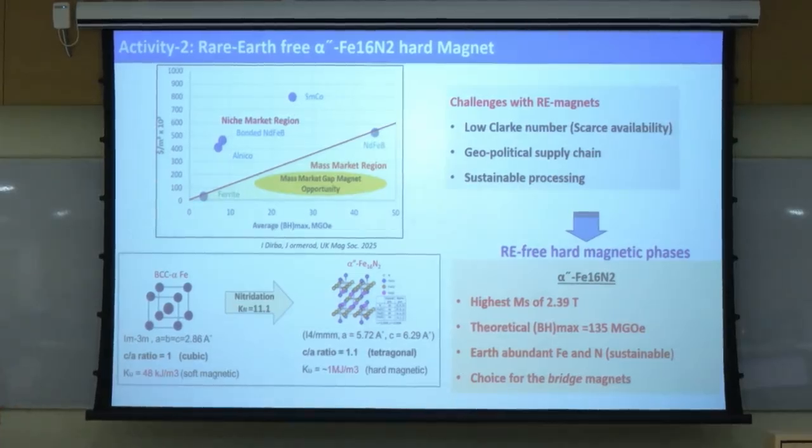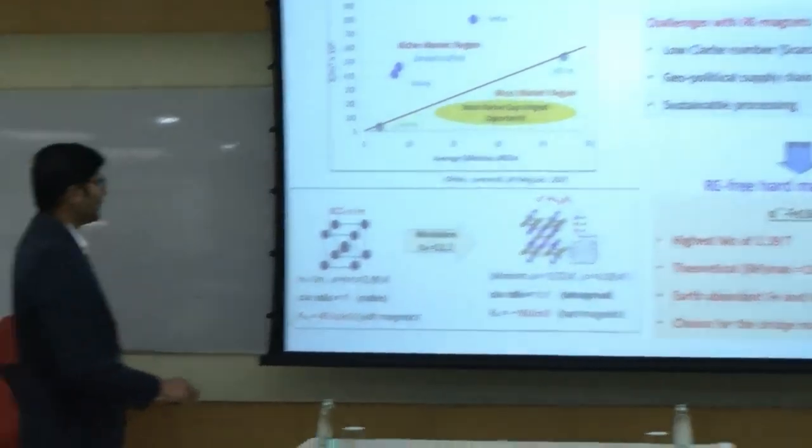And from a structural and magnetic point of view, in iron based material, when we incorporate 11.1 to 12.5% atom percentage of nitrogen, it will place systematically and it will dilate the structure to a non-cubic tetragonal structure. And because of this non-cubic structure, it naturally makes it a hard magnetic material.